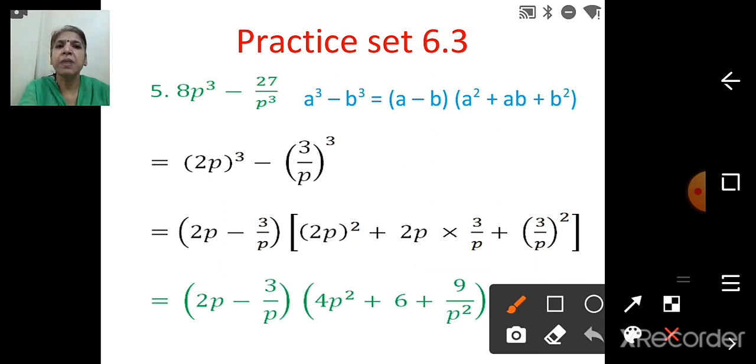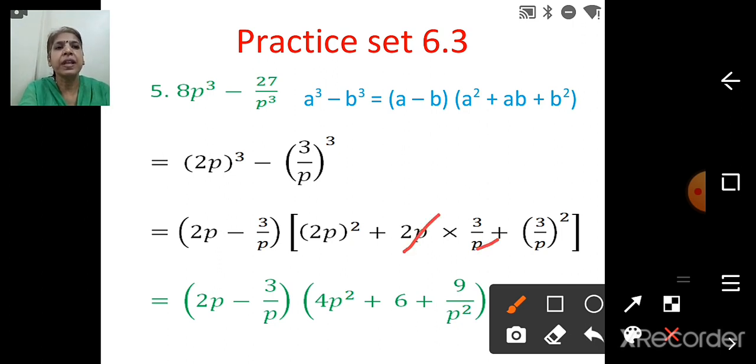Now we will simplify. 2p minus 3 upon p is our first bracket. Second one is 2p the whole square, it is 4p square, plus, now here you see the calculation, children, 2p into 3 upon p.